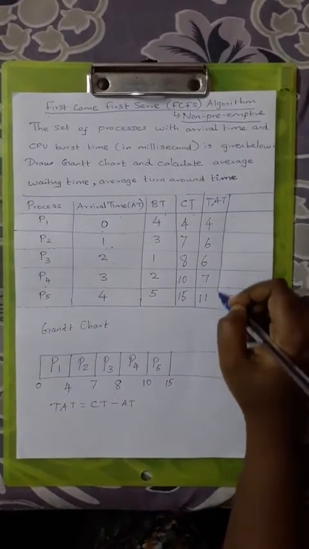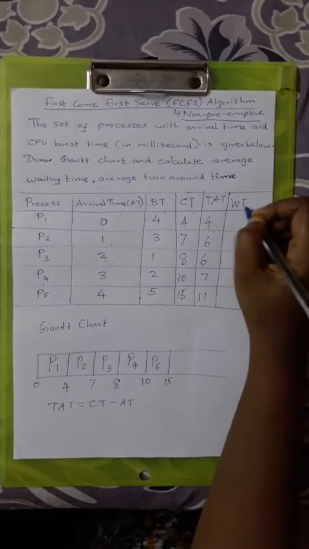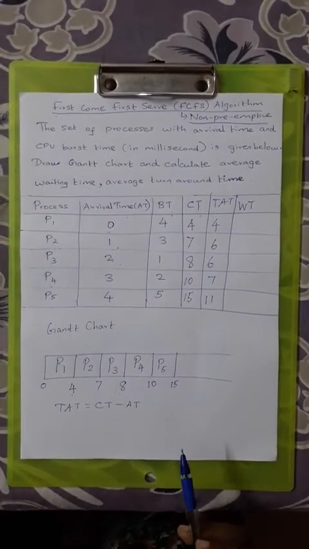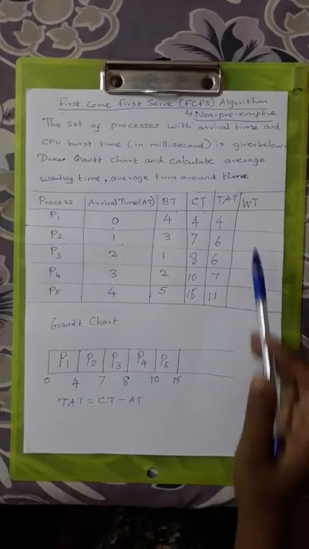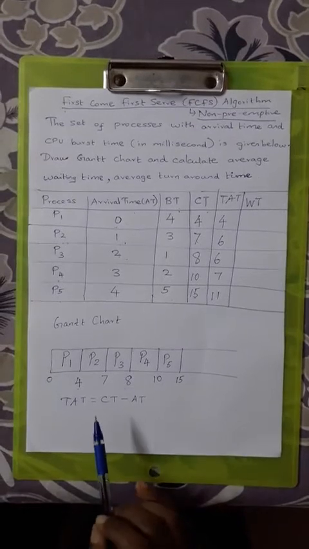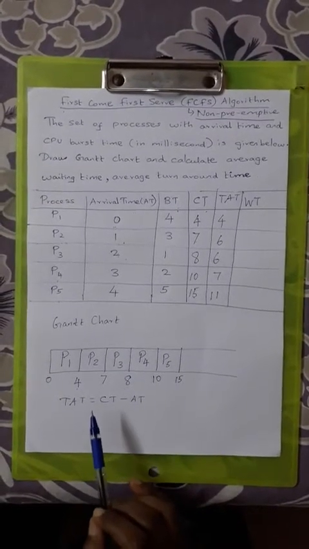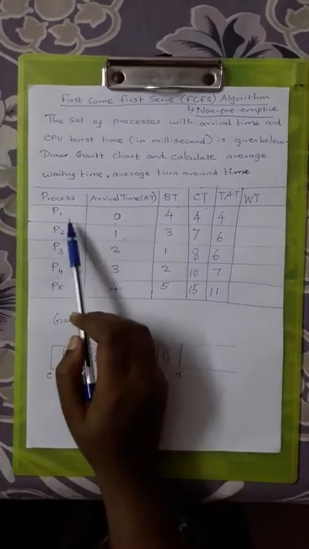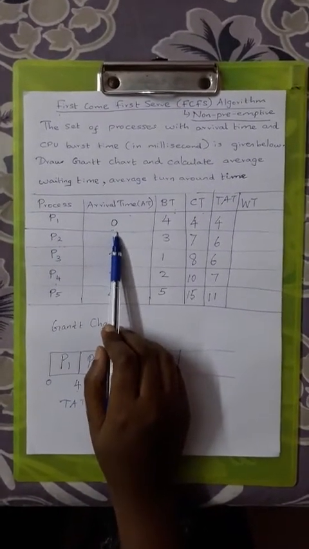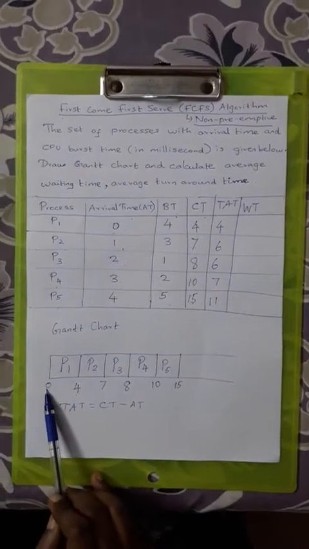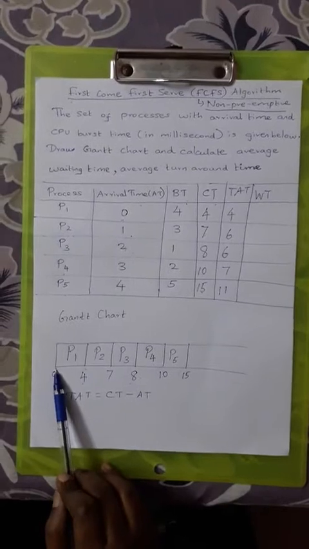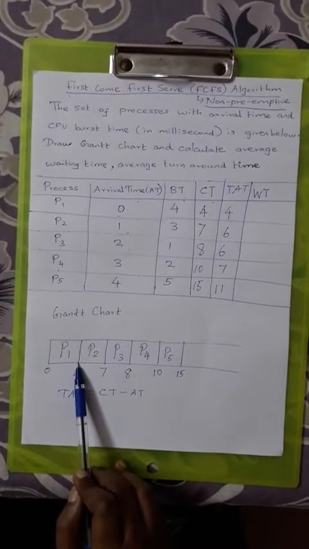Next, we have to calculate waiting time. WT is your waiting time. So what do you mean by waiting time? So waiting time is the time how long the process has waited in the system for getting its execution to be completed. See here, process P1 arrives the system at 0th millisecond and it also starts its execution at 0th millisecond and it has completed its execution.